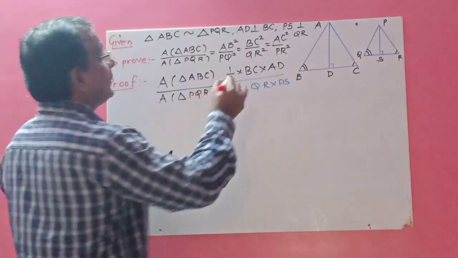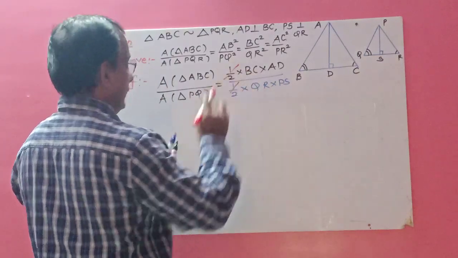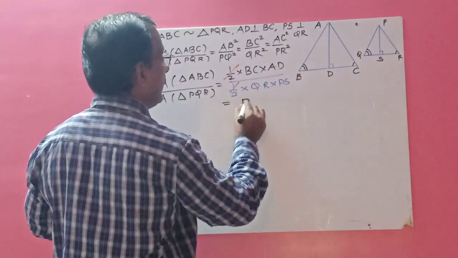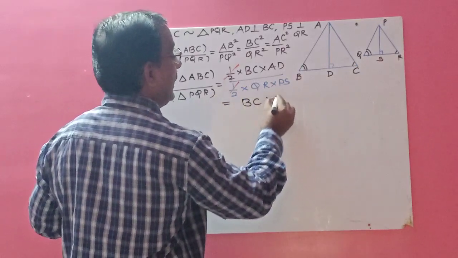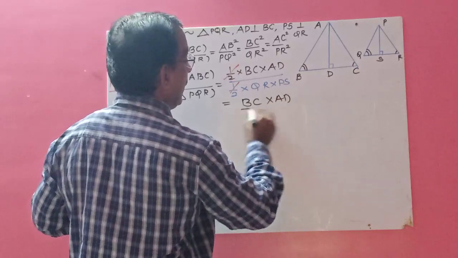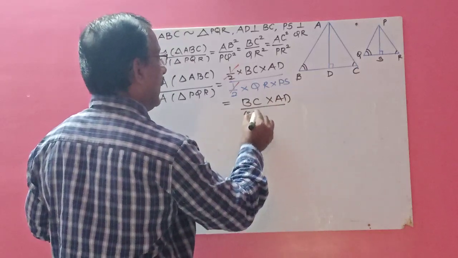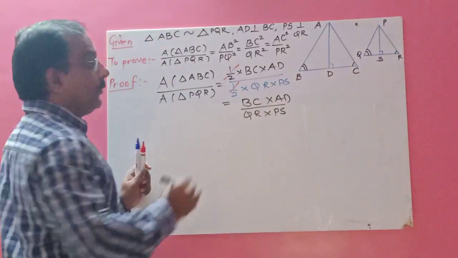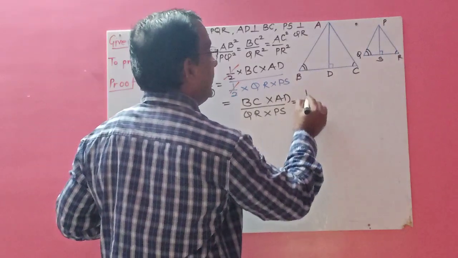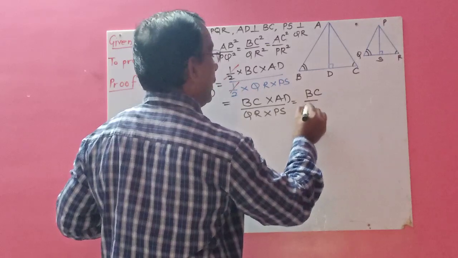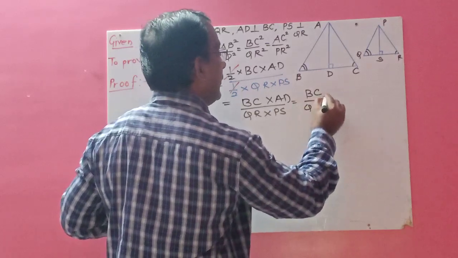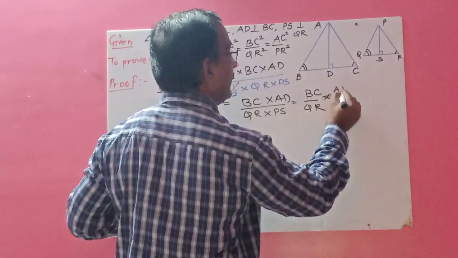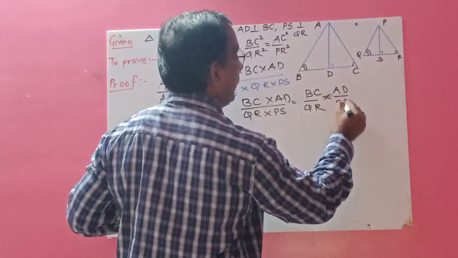Now here these two halves get cancelled, so you will get BC into AD upon QR into PS, which can be written as BC upon QR into AD upon PS.